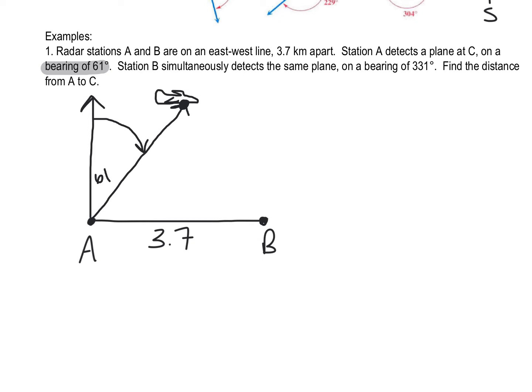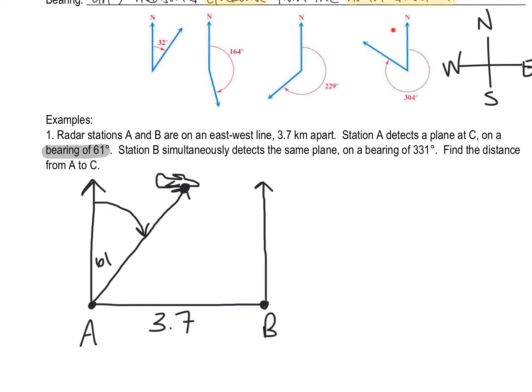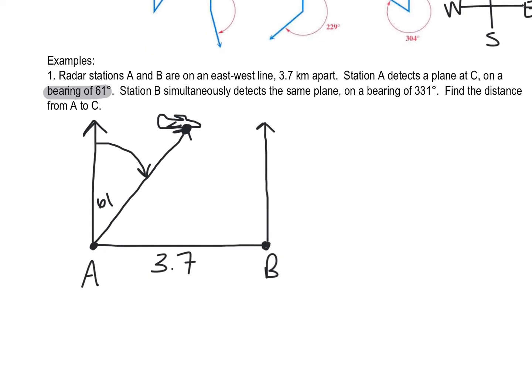This is going to be kind of strange, but this is north. To do 331, I'm going all the way around the circle, and I'm going to end up drawing my angle this direction. This is going to be weird, but 331 degrees is past 270, so like that way. 331 was out here.